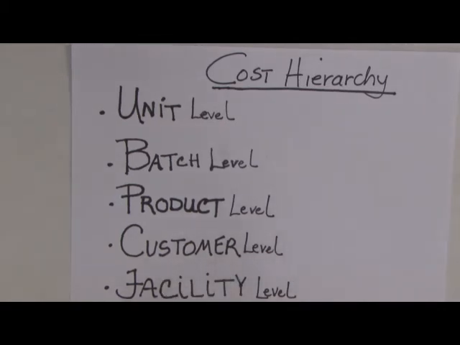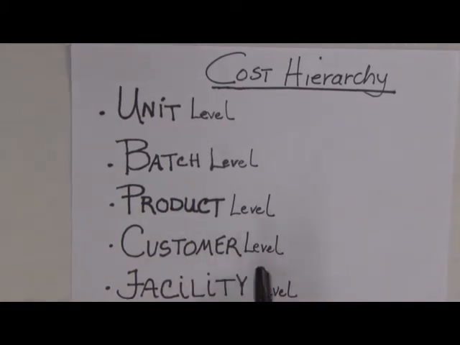Customer level costs relate to specific costs that are incurred in dealing with specific customers. For example, if we're going to sell a lot of these sports drinks to perhaps Walmart, then costs that we incur to deal with Walmart as our customer would be considered customer level cost.